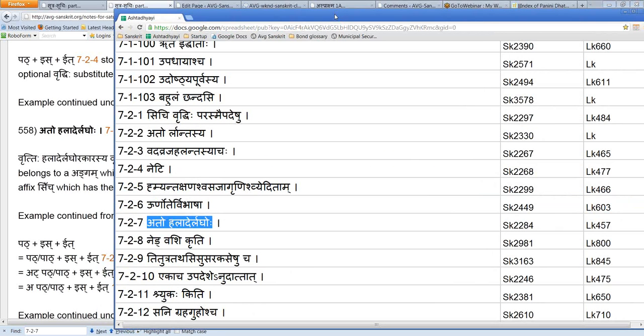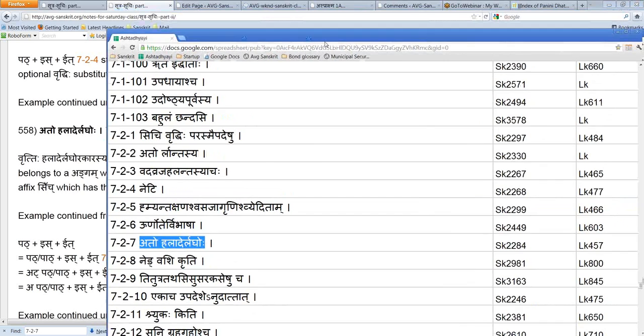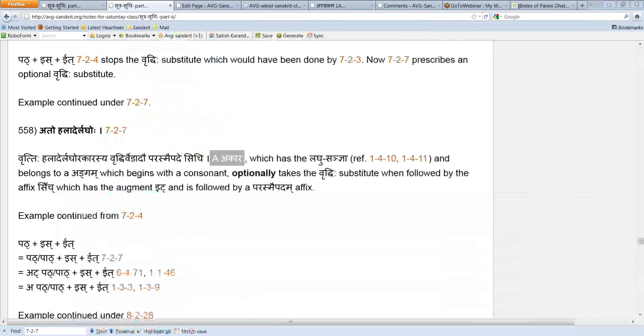Even though this is not in the book, I just want to mention this, which you already did in the previous class, I think: the akaraha which has a laghu. Of course, laghu means what? Hrasvam laghu, sanyoge guru. It has to be a short vowel, not followed by a conjunct. So if you have a laghu akaraha belonging to an angam which begins with a consonant, it optionally takes a vriddhi substitute when followed by a sich which has the augment it, and it's followed by parasmaipadam.